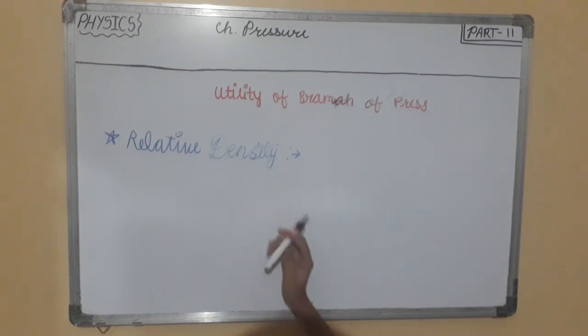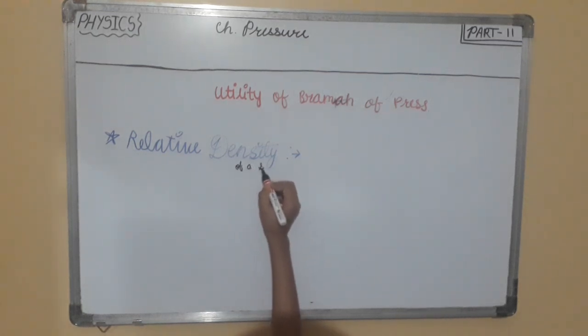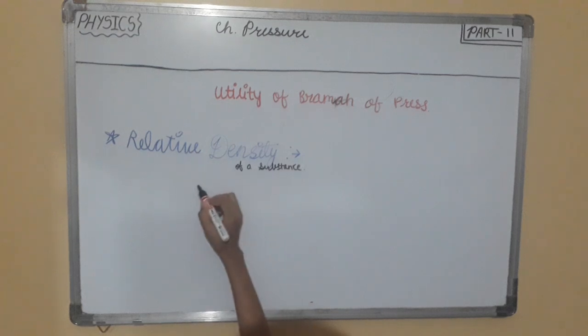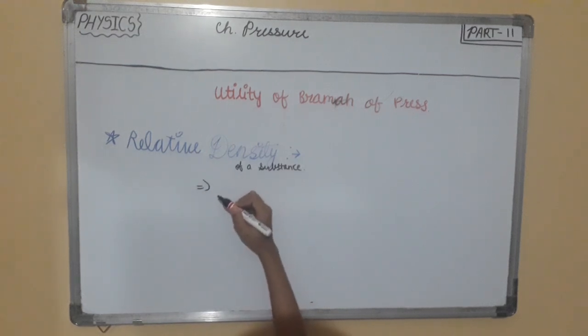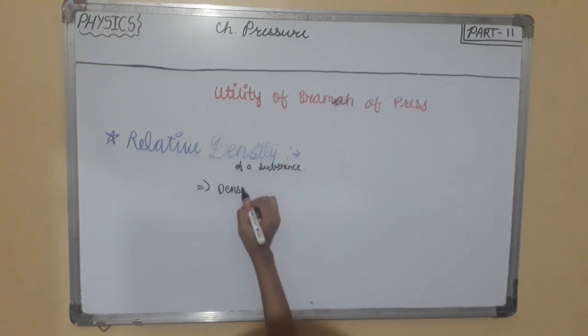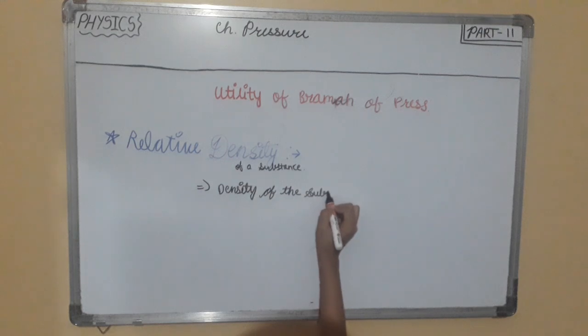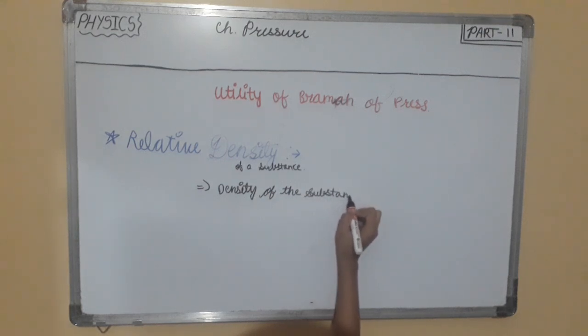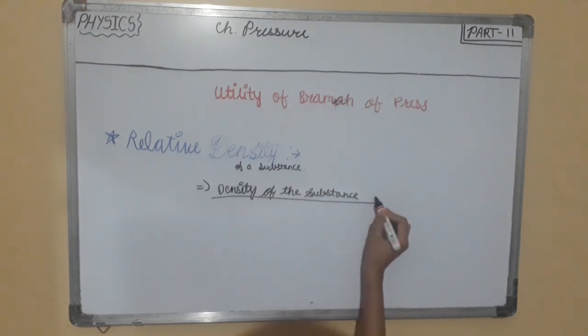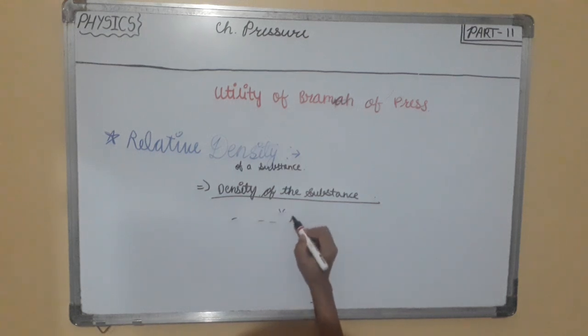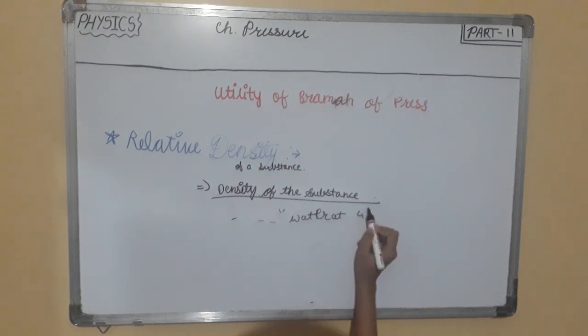So, relative density of a substance is equal to density of the substance upon density of water at 4 degrees Celsius.